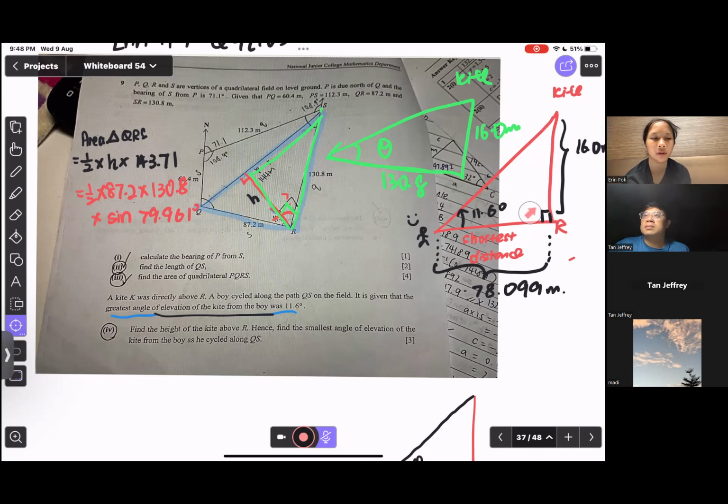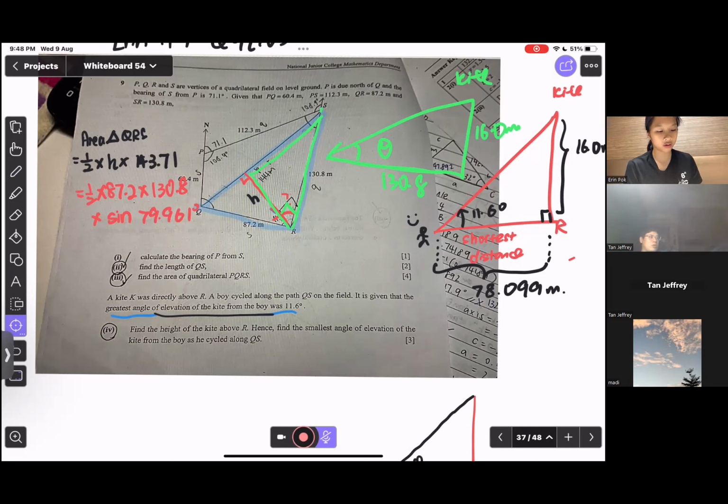I didn't get 16 meters. Yeah, what do you get? I got 78.151. 78.151. That means this answer you give me could be wrong. Oh, your height, okay, the height must be 16.031. Yeah, it depends on this input.